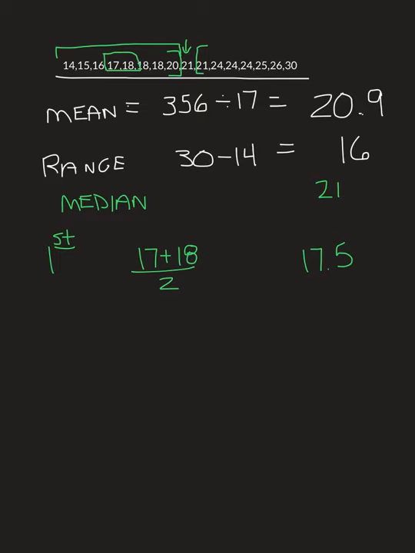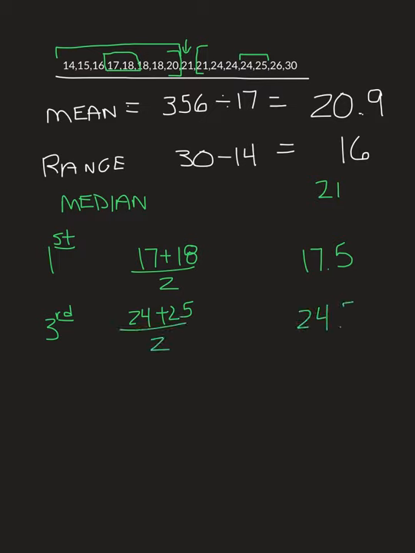I do the same thing at the top. I end up with 2 middle numbers. So for me to find my third quartile, or my median of the upper half, my upper quartile, I would add those 2 numbers together and divide by 2.